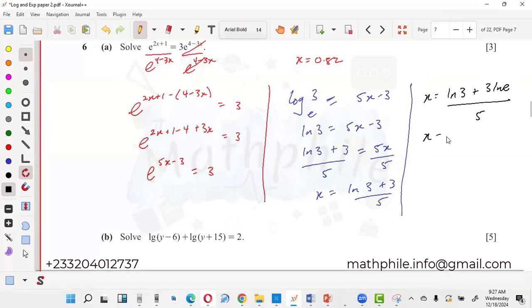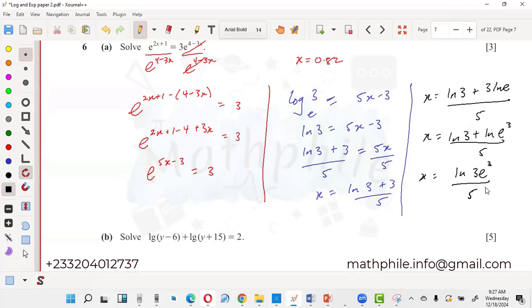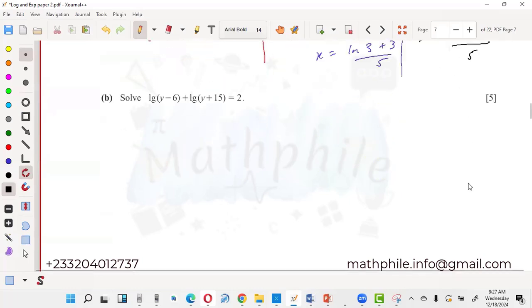So x equals ln 3 plus 3 ln e over 5, so x is equal to ln 3 raised to the power 3, because it's adding, we have to multiply. So this is also an exact form. But you won't really be stressed like that for O levels or IGCSE, except maybe they'll tell you to find the exact form.